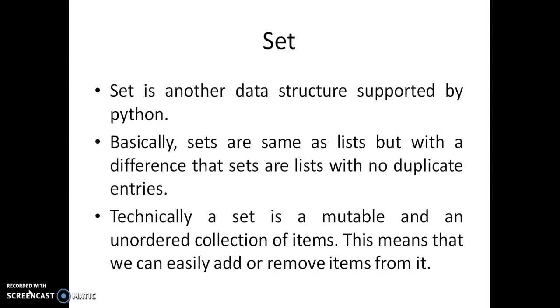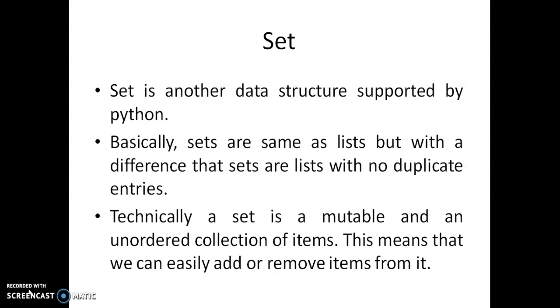Tuples are immutable, and tuples are created for standard data which we cannot use for any modifications. Sets is the next type of data structure in Python. It is basically used to perform the mathematical set operations.